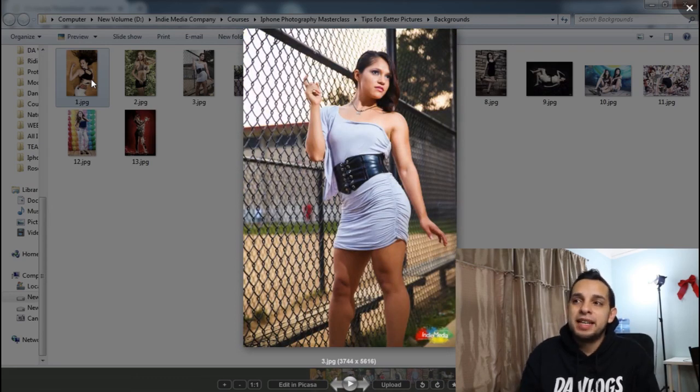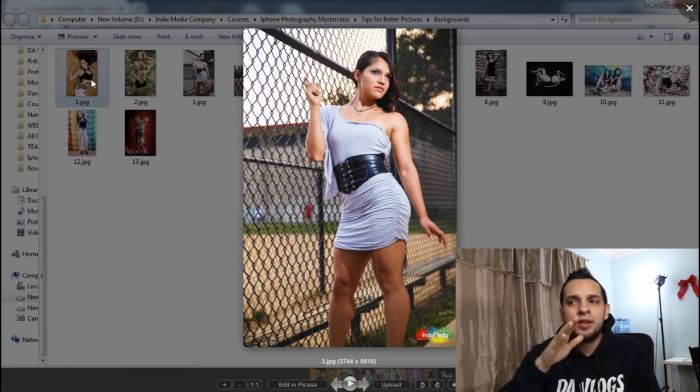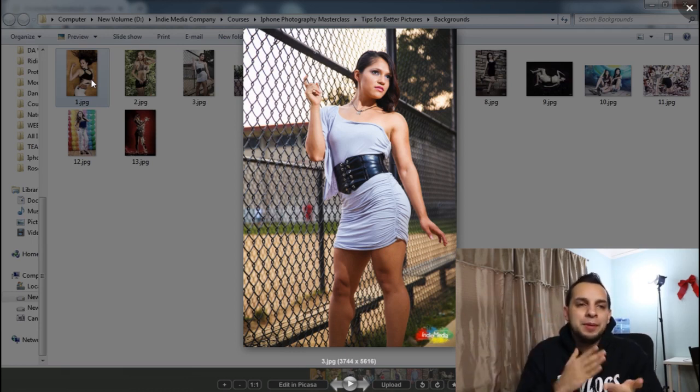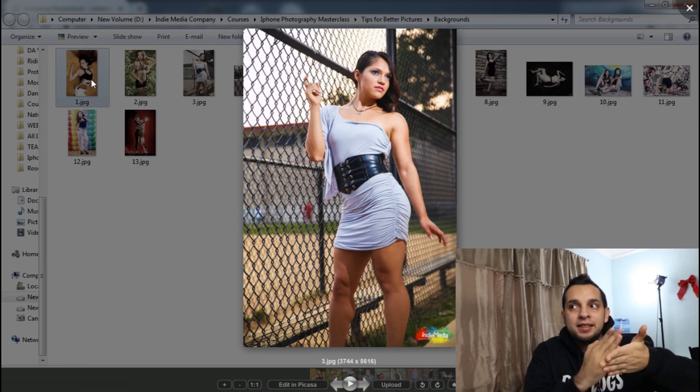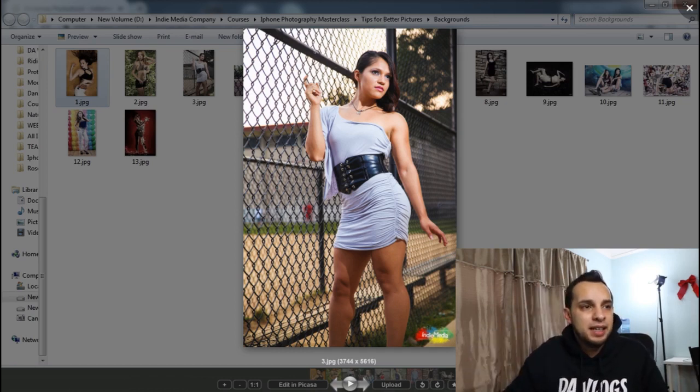The next one is this gate, fence, whatever, this gate, let's call it that, where she puts her fingers through it and we shoot this. Now, a lot of people would just shoot straight on at this. But I shot it from an angle because I thought it looks interesting as it goes blurry in the background, the further it goes.